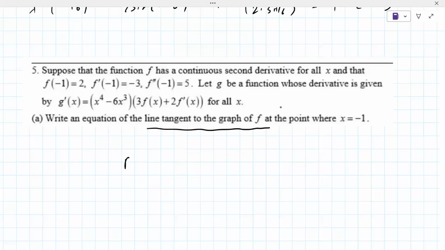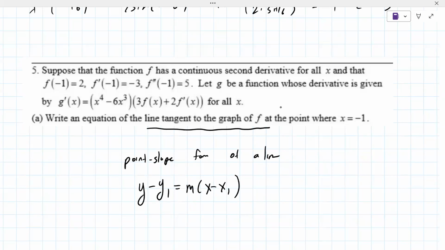What is the point slope form of a line? This is y minus y1 equals m times x minus x1. Now from your previous course, how do you find m when you're in calculus?